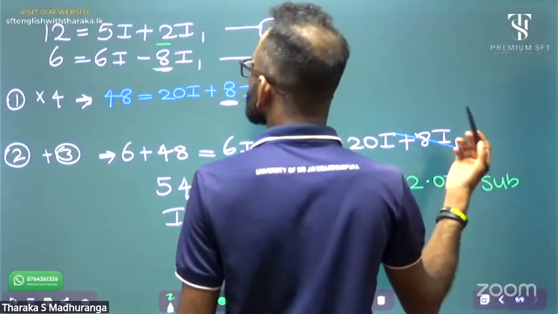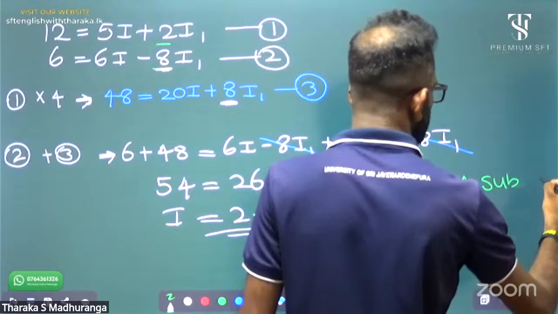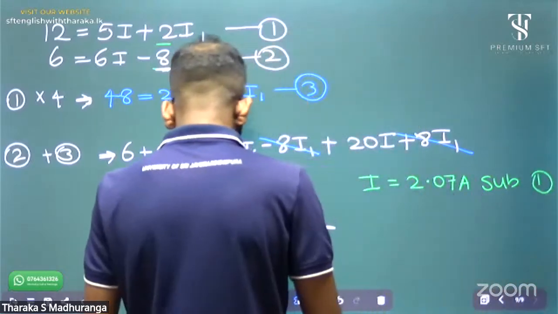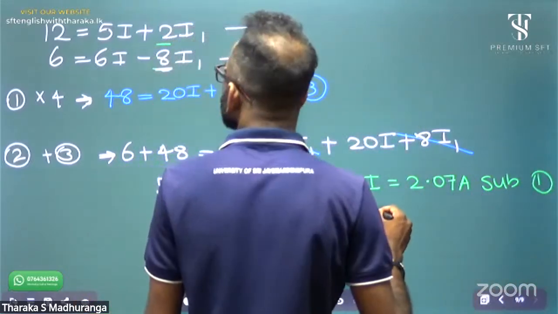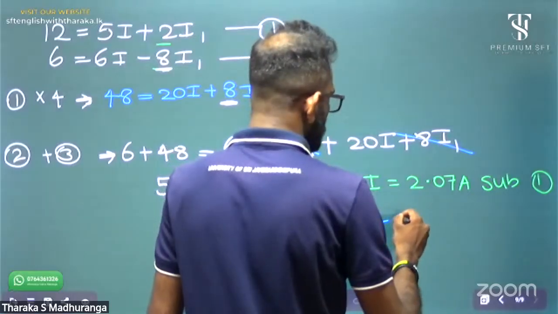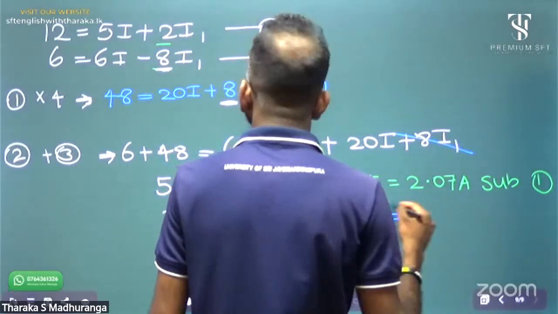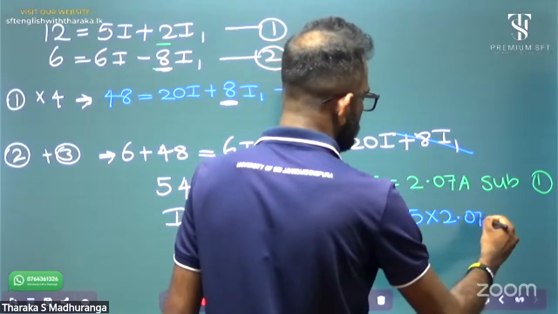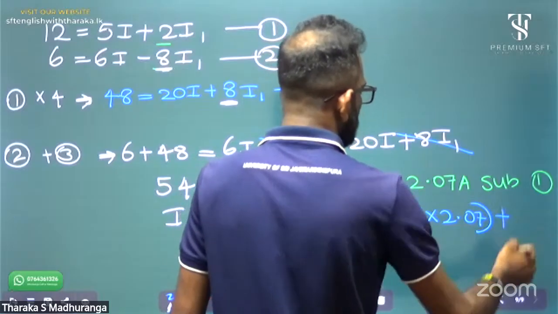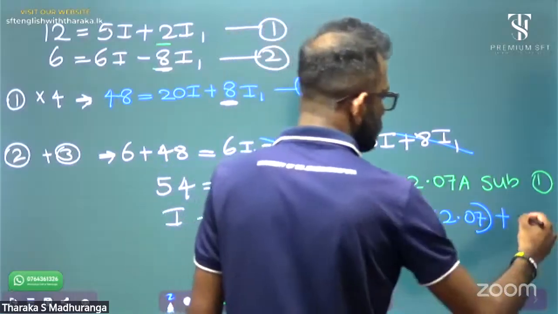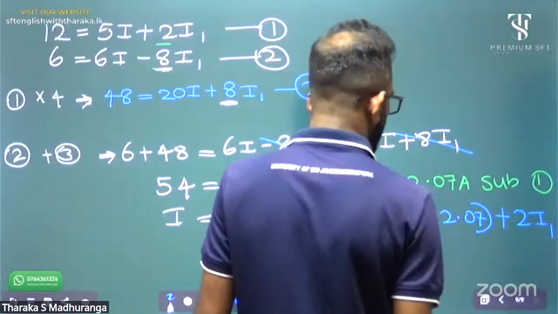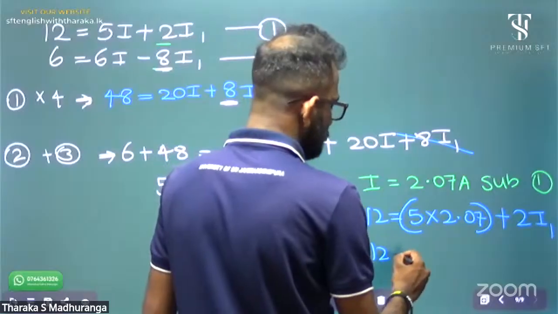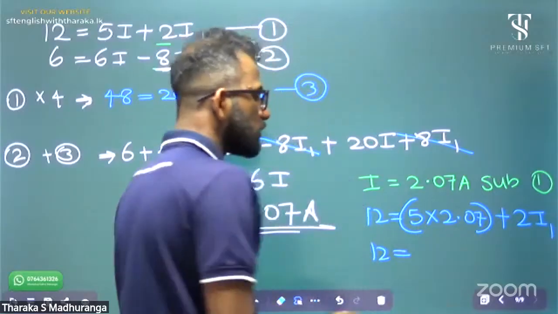I can substitute into first equation. What's my equation? 12 equal 5 into 2.07 because it is 5I plus 2I1. 12 equal 5 into 2.07.